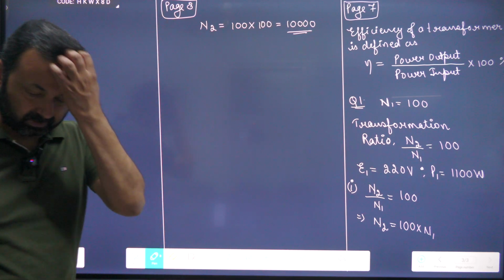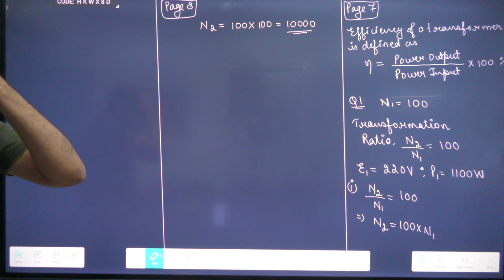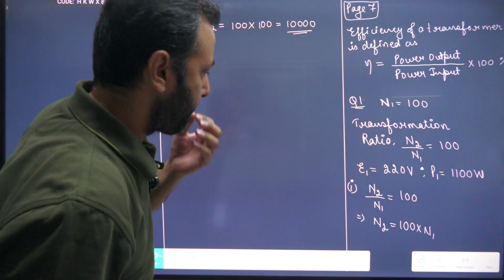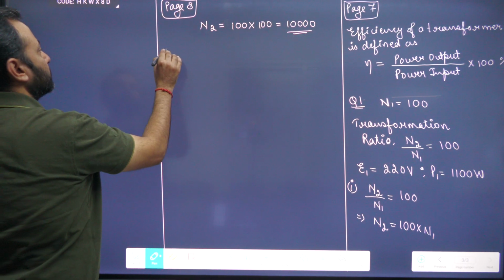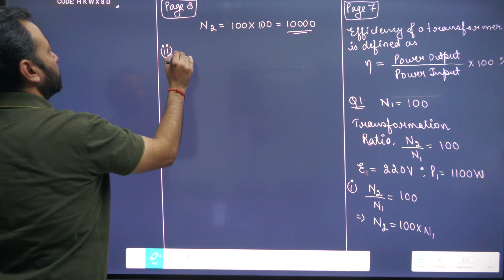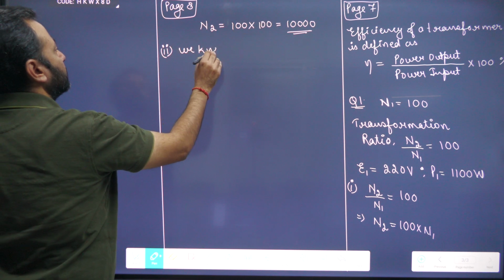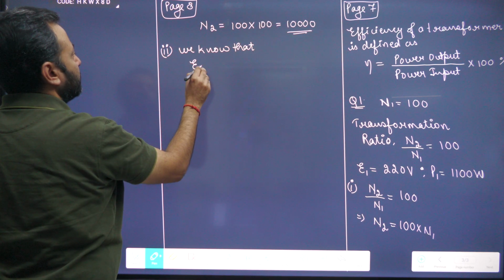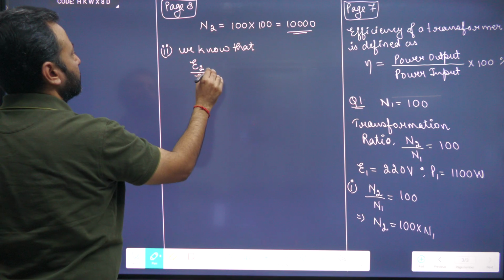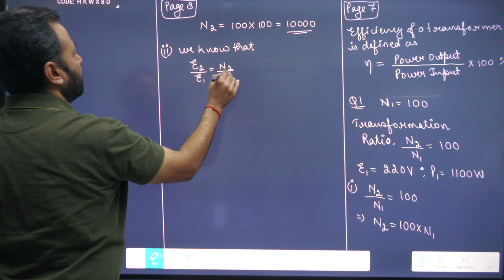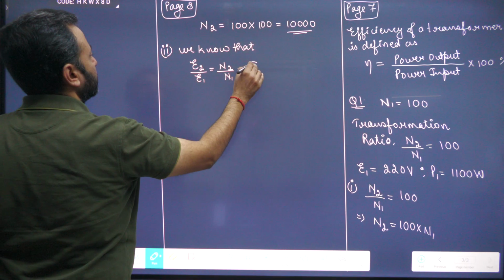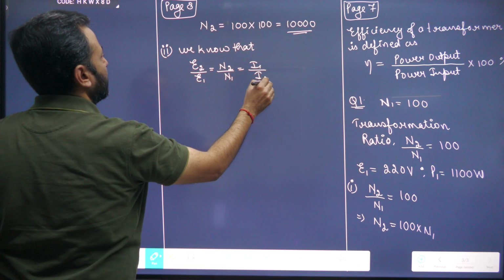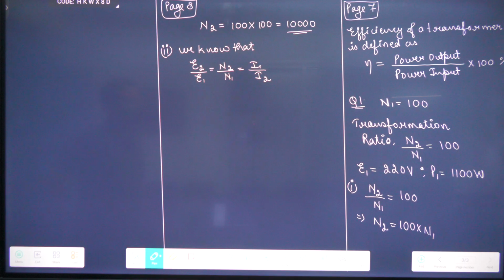Now, in the second part they are asking current in the primary. Current in the primary means I1. We know that E2 upon E1 is equal to N2 upon N1 is equal to I1 upon I2.